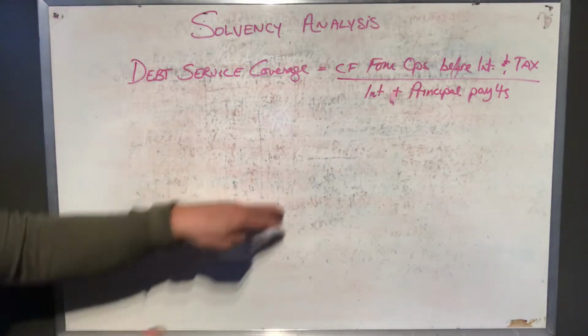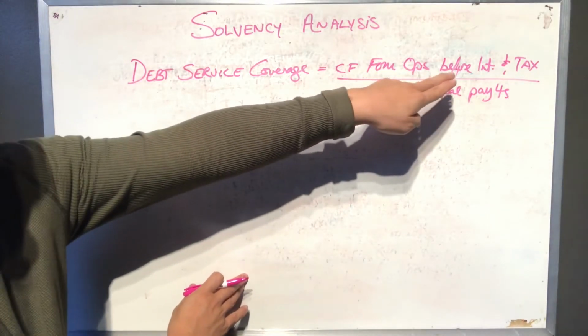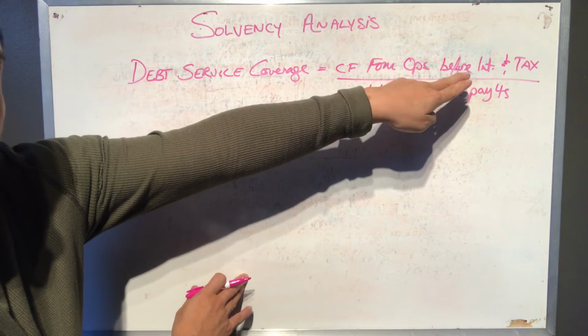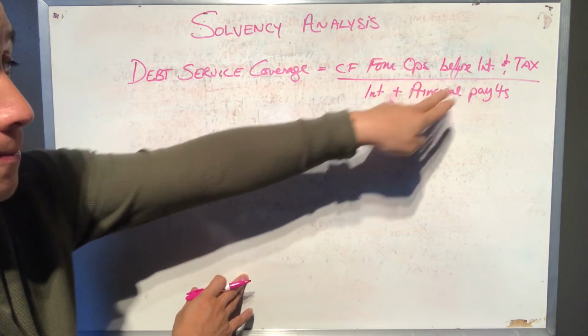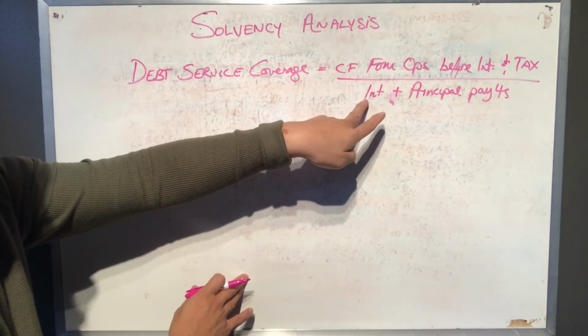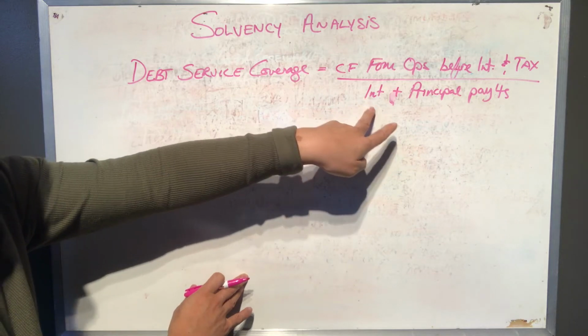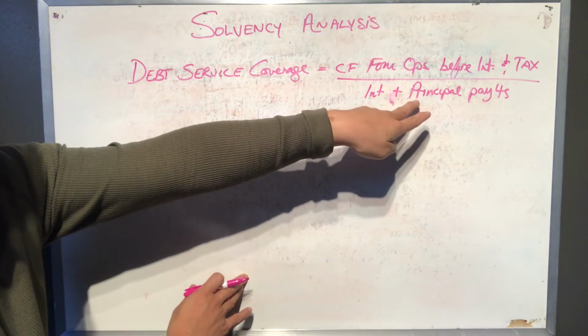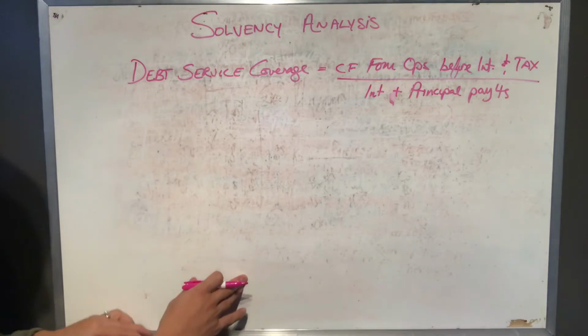Okay, so again, cash flow from operations before interest plus tax payments, all over interest plus principal payments.